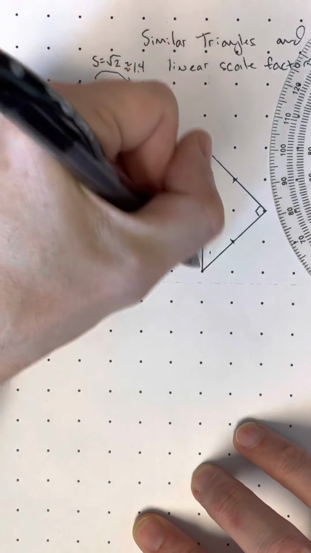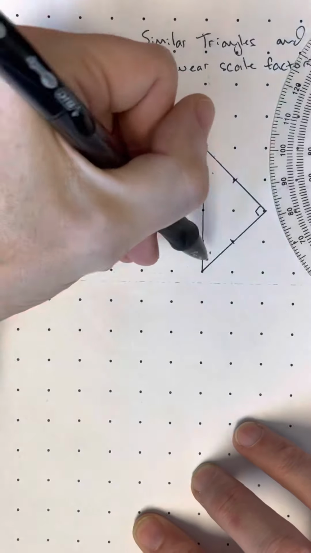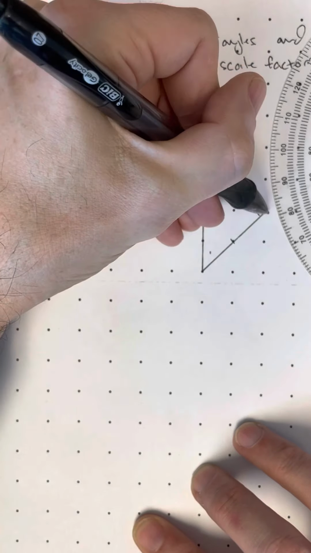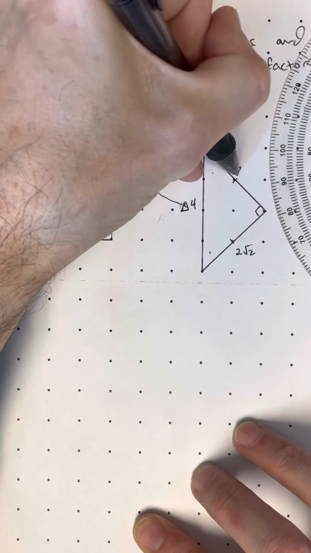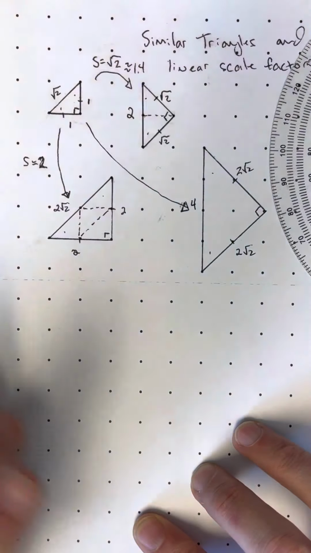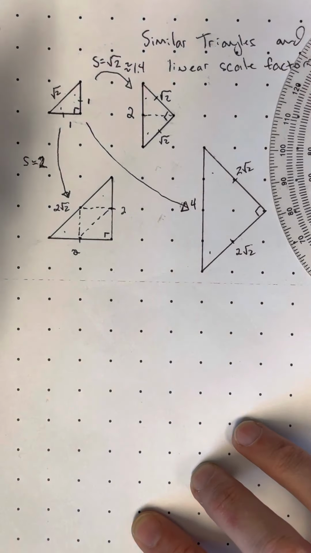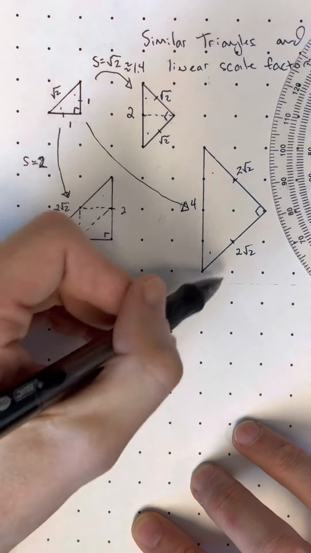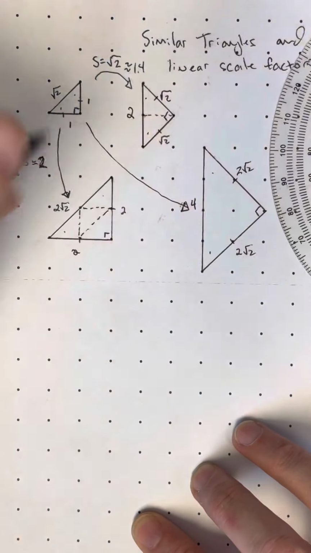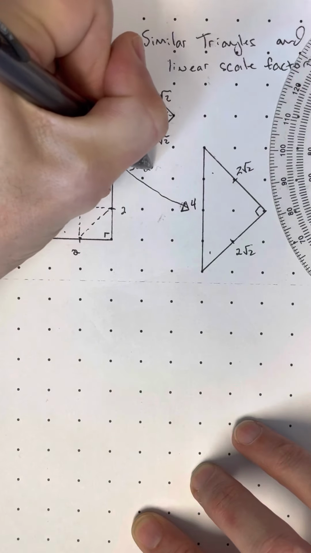This has hypotenuse 1, 2, 3, 4. And the side lengths are square root of 2 and another square root of 2. They're 2 square roots of 2. Okay, so the side length 1 corresponds to side length 2 square root of 2. So S is 2 square root of 2.